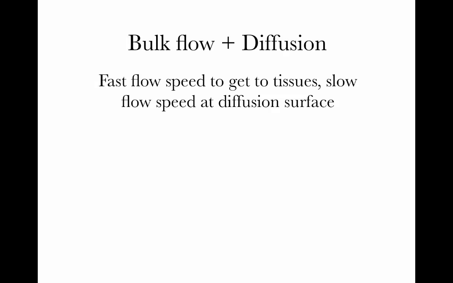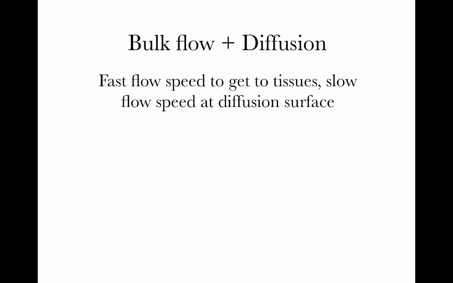So you need to get the materials there efficiently and quickly, but then once you get to the diffusion surface, you need to really slow down this flow speed to make sure that there's a maximal amount of time to transfer those materials at the diffusion surface.